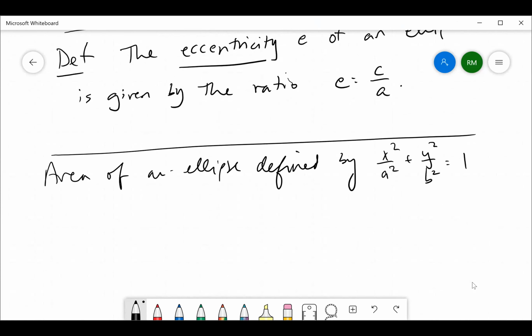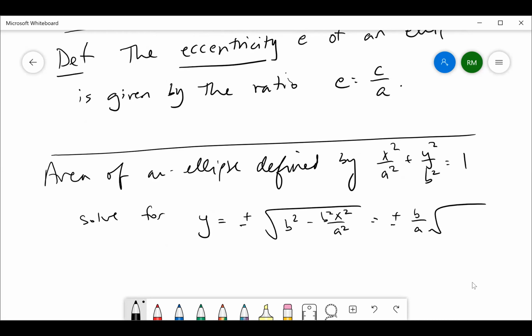All right, so let's solve for y. And there'll be two of them. It'll be plus or minus the square root of b squared minus b squared x squared over a squared. Or if we want to simplify, we're going to get b over a square root of a squared minus x squared.